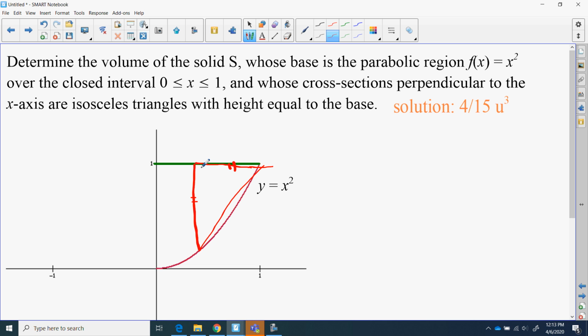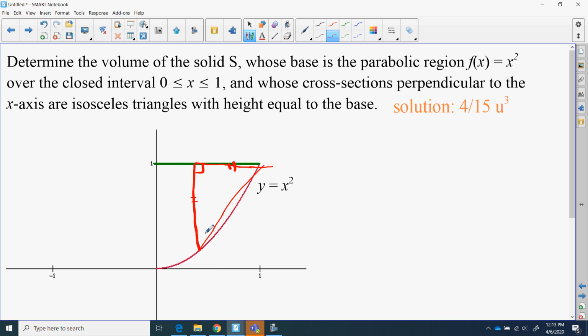Which means that this is going to have to be a right angle. Didn't really say that in the question, but for the sake of doing the question, let's assume that's what they meant. Now, because the shape is a triangle, to get the area of this cross section, this is still going to be the same thing.